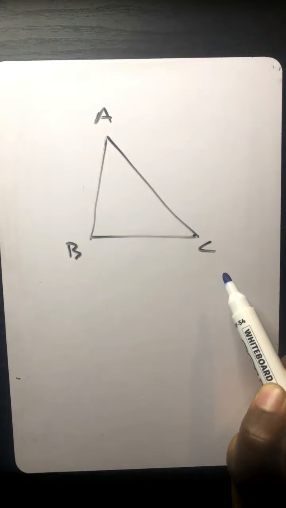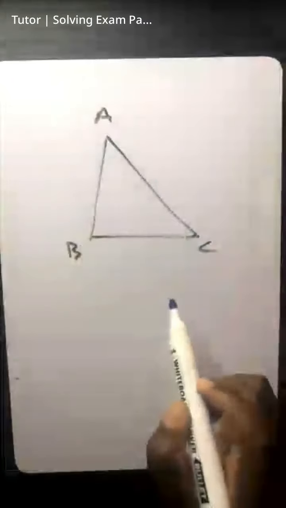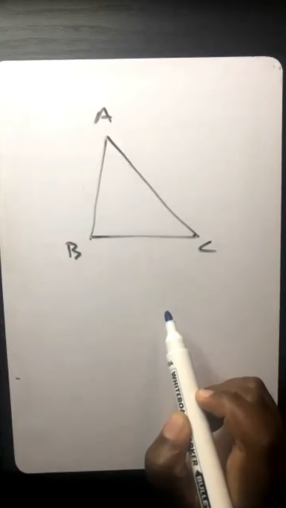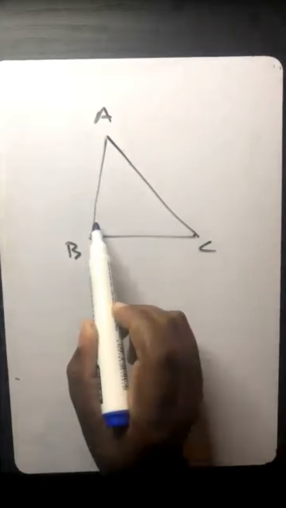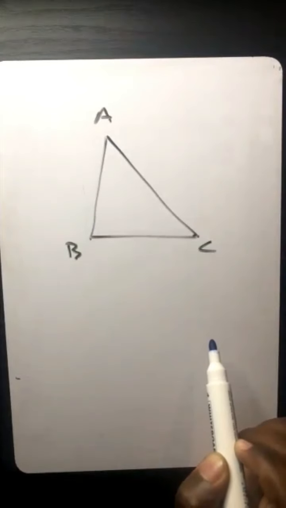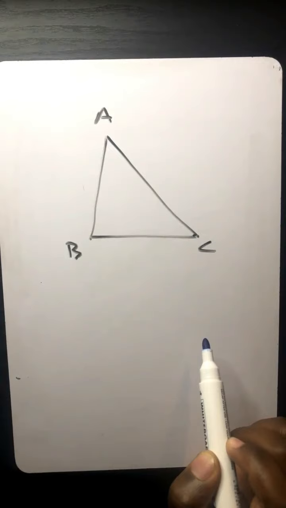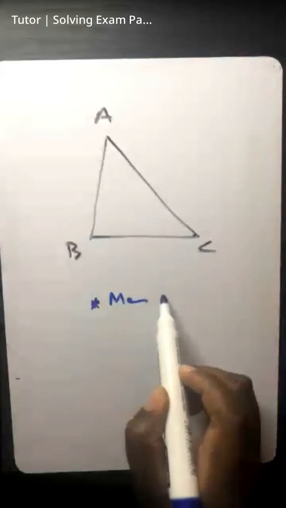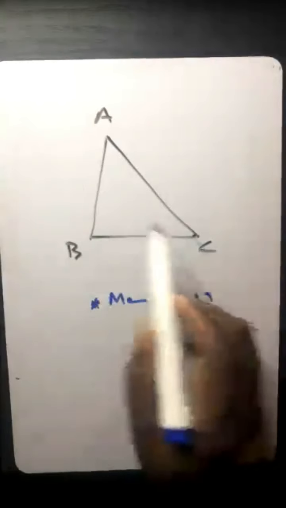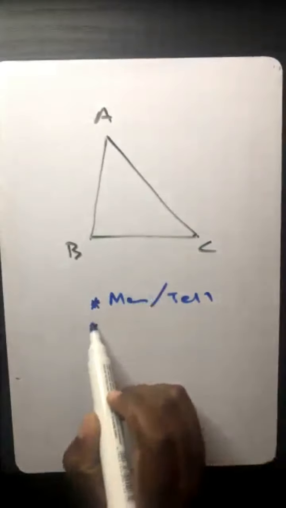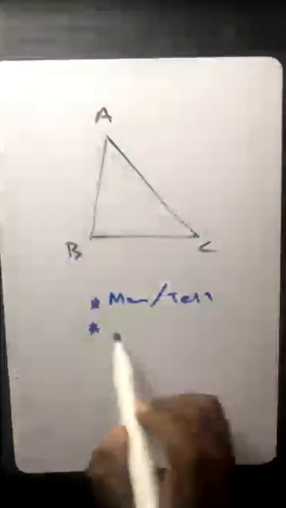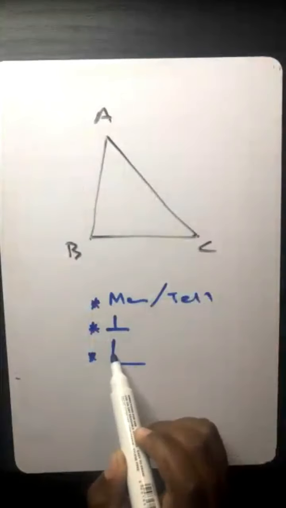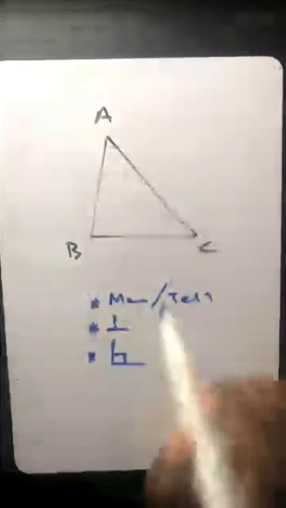If I did not mention that this is a right angled triangle, you cannot assume based on the fact that it looks like it. And again, if I did not draw that sign to show that it's a right angled triangle, we do not assume. So the statement must mention it's a right angled triangle, or they can say these two lines are perpendicular to each other, or otherwise they can use that sign to show that it's a right angled triangle.